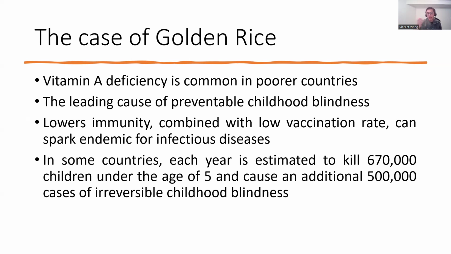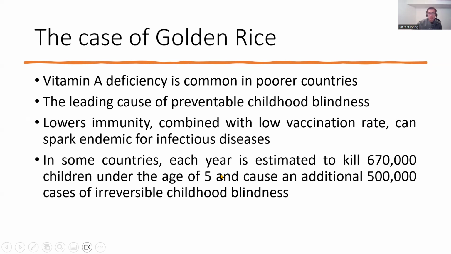And this is actually quite common in poorer countries where they have food insecurity and they don't have adequate vitamin A intake. So that could lower immunity, and combined with low vaccination rate in these countries, it could cause endemic as well as health crises for many different types of infectious disease.